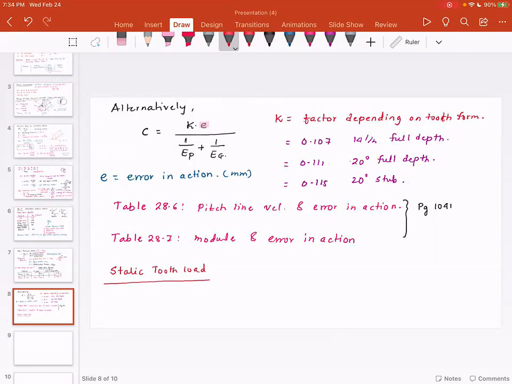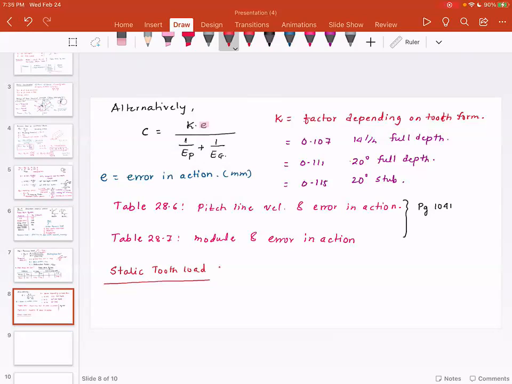Because all the discussion on the gear started with a simple approximation, and that simple approximation led to the Lewis form factor equation and the beam strength. But what we want to make sure is that the gear is not only safe under so-called static loading, but also safe under fatigue loading.